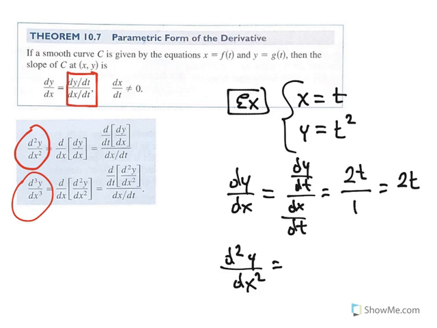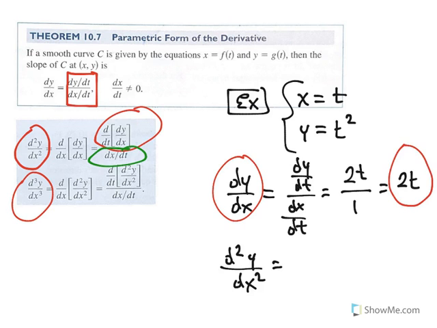According to this formula, you need to find the derivative of dy/dx with respect to t, and then divide that by dx/dt. So the derivative of dy/dx with respect to t would be the derivative with respect to t of dy/dx, which is given by 2t.